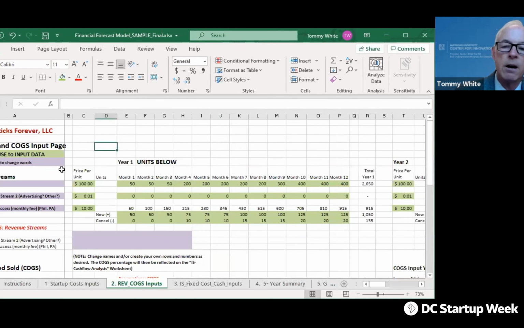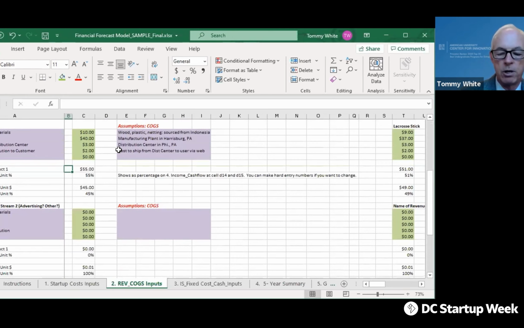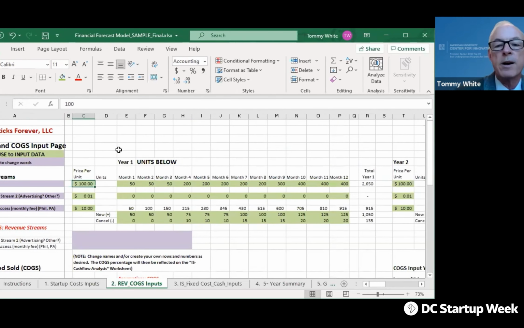And let's look at our revenue and our revenue streams. So my first revenue stream is going to be lacrosse sticks, and that's what I'm going to be selling. And I'm going to be selling these online. I do not have a physical store, so I'm going to be selling these online. My price per lacrosse stick is $100. That's what I'm selling lacrosse sticks for, $100 in year one.